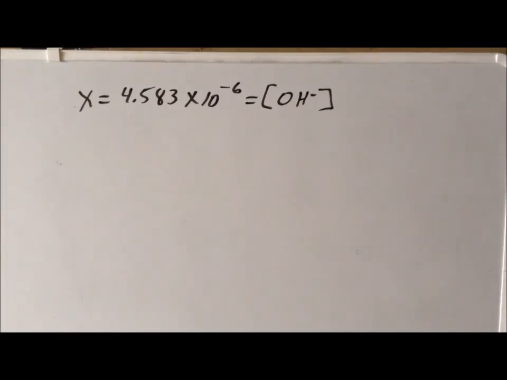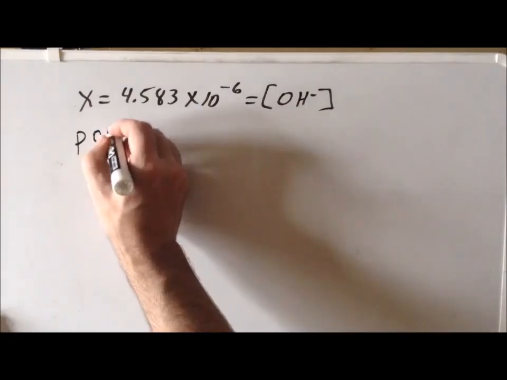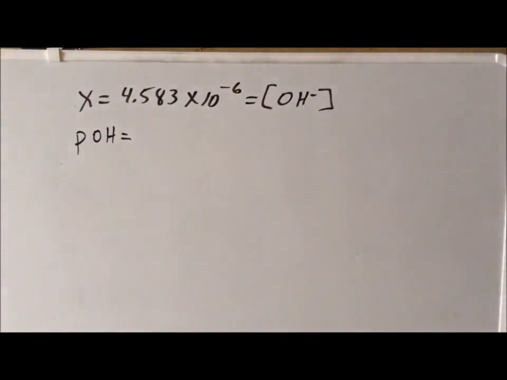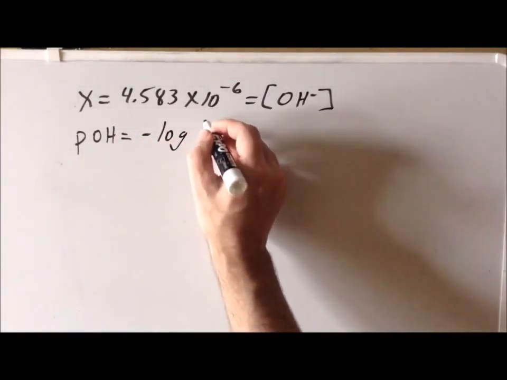One way I want to demonstrate here is to use the definition of the pOH. So just as we have a definition for pH, we have a definition for pOH. It is the negative log of the concentration of hydroxide ion.